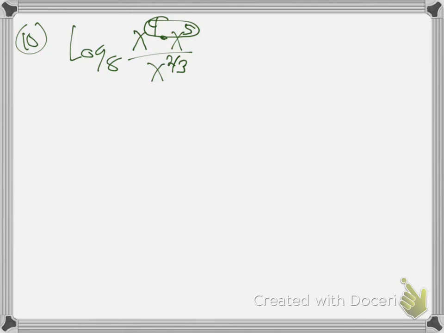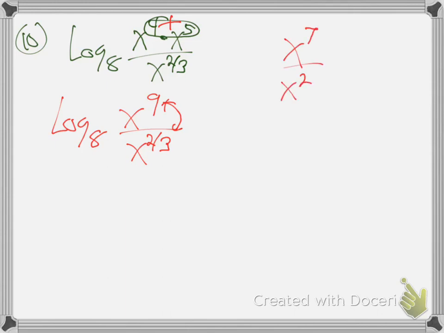So that's going to equal x to the 9th, 5 plus 4 add, over x to the 2/3. And when they're vertical like this, like x to the 7th over x squared, that'd be x to the 5th. They subtract. Remember that rule? So what I need to do is subtract. I've got to take 9 minus 2/3.